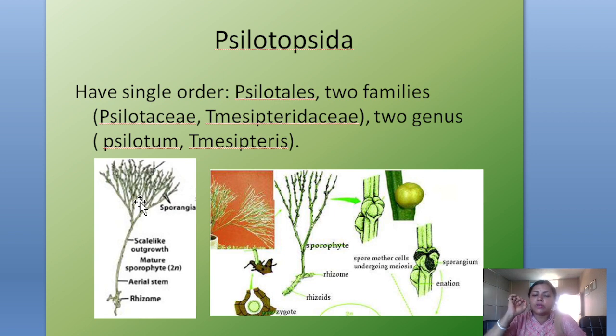From the nodal region it develops the small sporangia. The sporangium is a triradiate type, and in each sporangium spore mother cells develop, which, when they go through meiosis, develop the haploid spores.